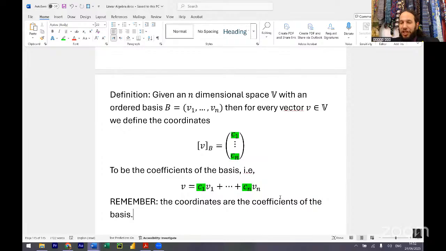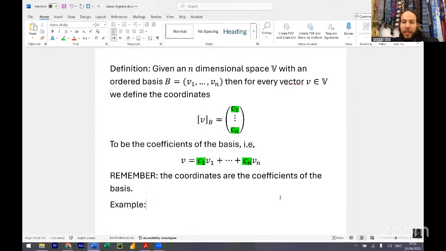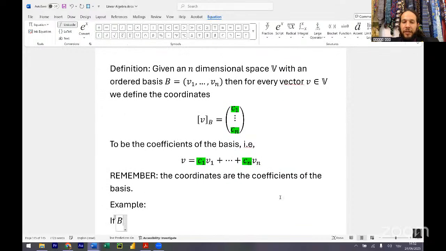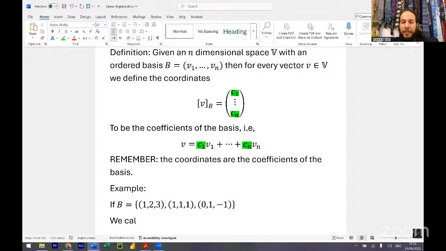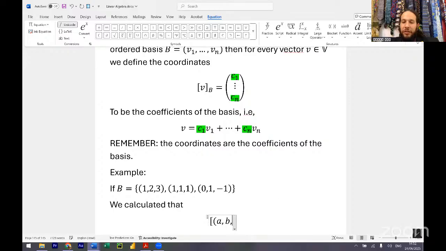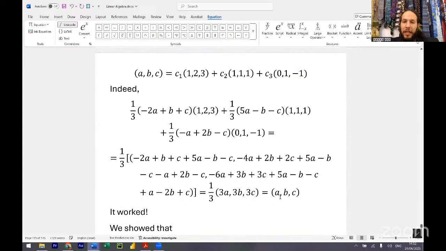So we did all the calculation. Now we've just given it a name, and I'll write it as an example. B is (1,2,3), (1,1,1), (0,1,-1). We calculated the coordinates of ABC, third time, and now the horrible values here.